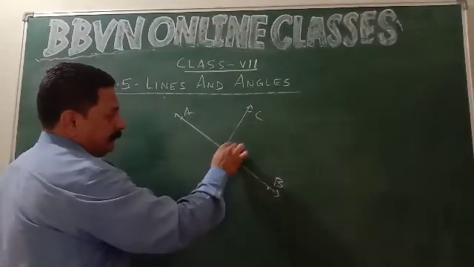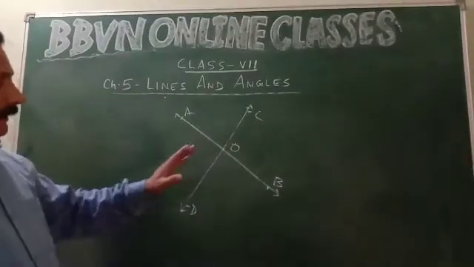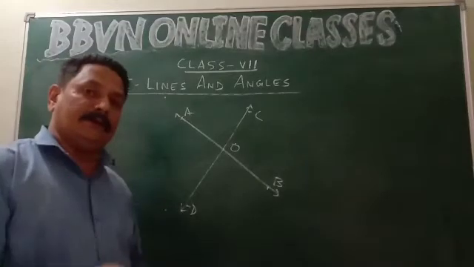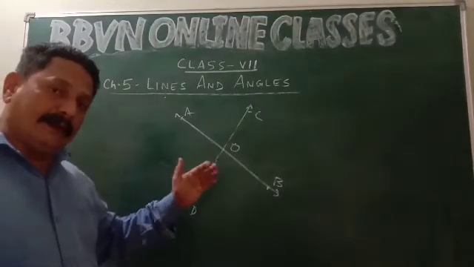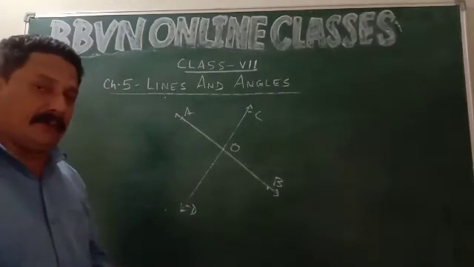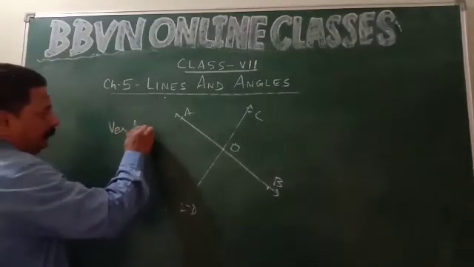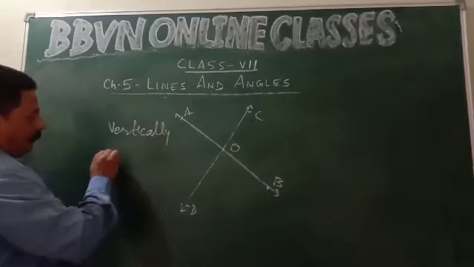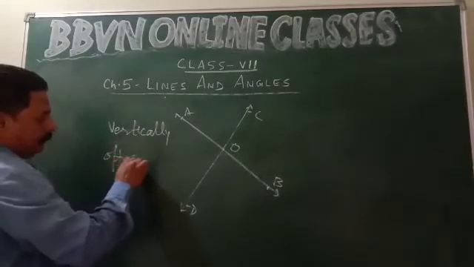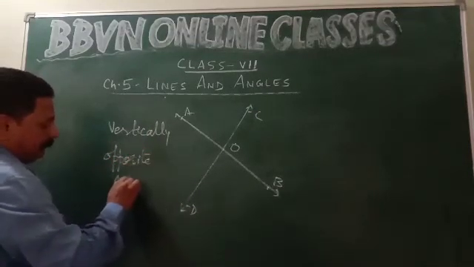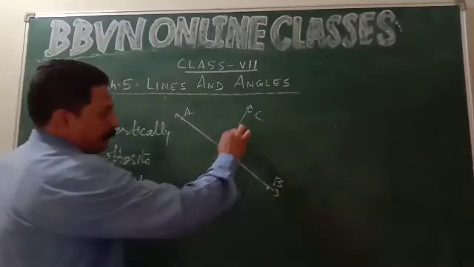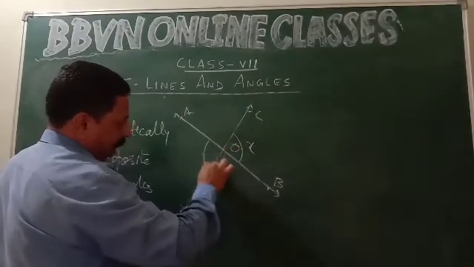Both the lines intersect at a point O. These are intersecting lines. They intersect at a point O. So whenever any two lines intersect each other, they form two pairs of vertically opposite angles. Say this angle X and this angle Y.